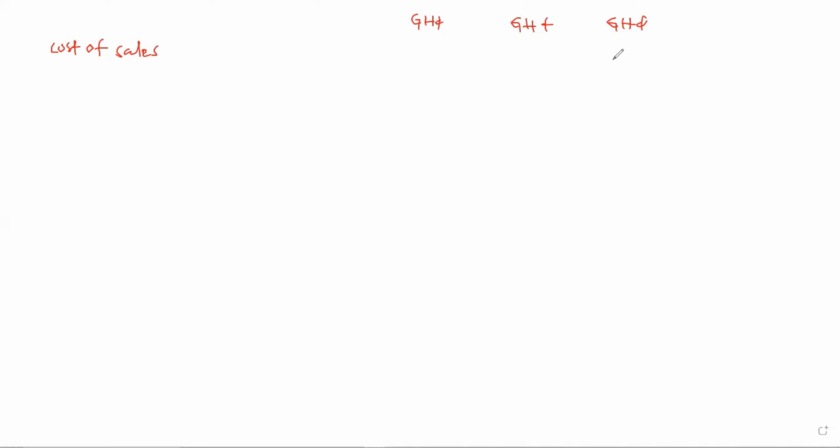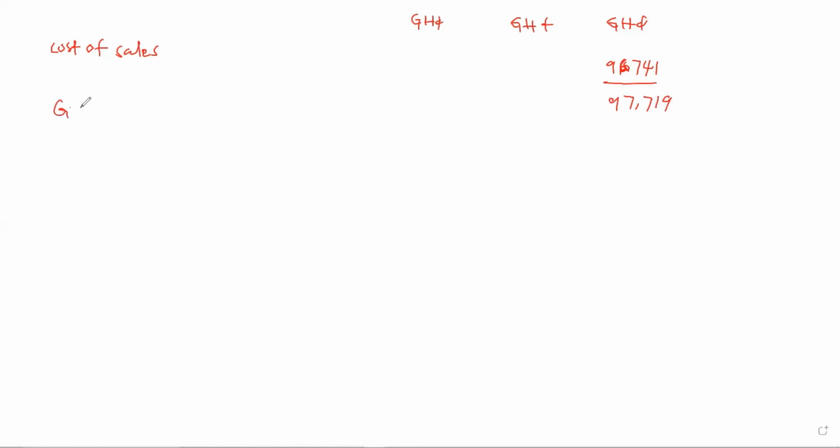So we are going to less the cost of sales, which is now 96,741, from the net sales. When we less from the net sales, we get 97,719. And this amount is called our gross profit.